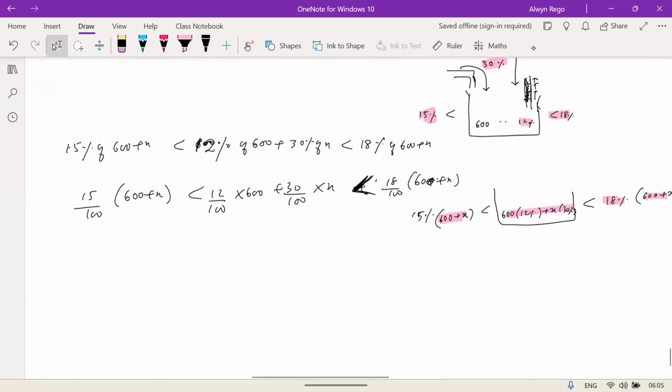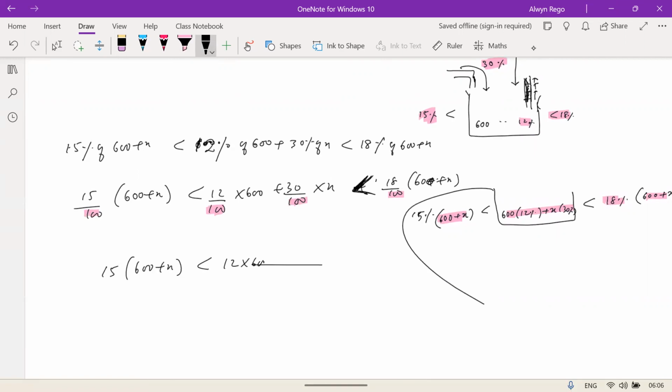You can always choose to multiply throughout by 100, because 100 is a positive quantity. So if you multiply each term of the inequality by 100, you find that 15 times (600 plus X) is less than 12 times 600 plus 30 times X, which is less than 18 times (600 plus X).